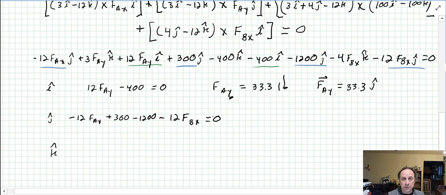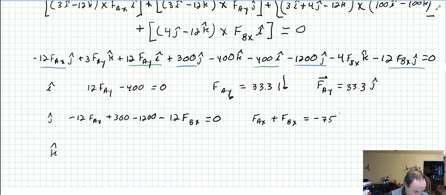Okay, that's got to equal 0. So when you do that out, you end up with FAX plus FBX equal to minus 75. All right, so we have one equation, two unknowns. Can't do anything with that at this point. Just let it sit there.